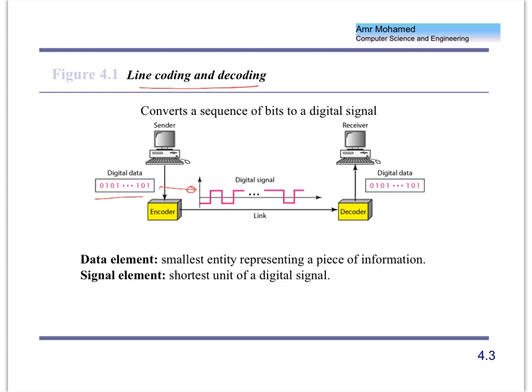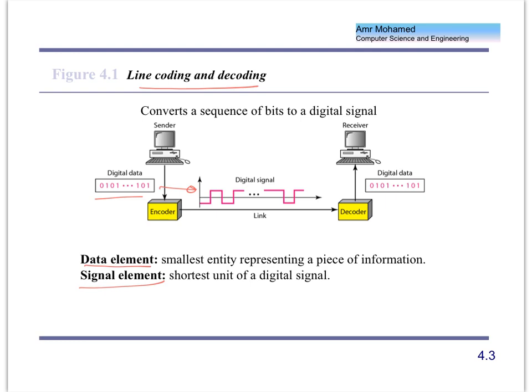But in other words, here we'll talk very often about some data element, which could be 1, or could be 2, could be 3. So some data element, and we need to convert that to a signal element.